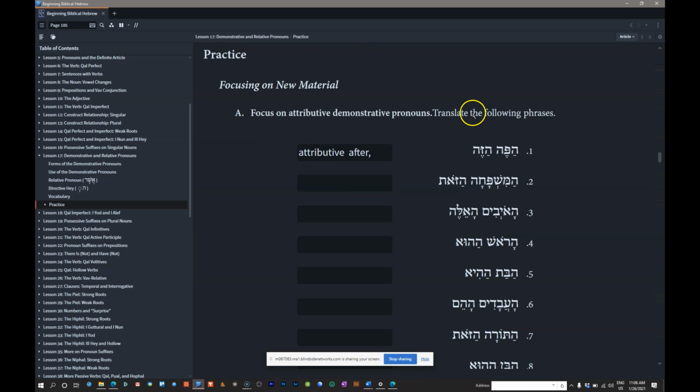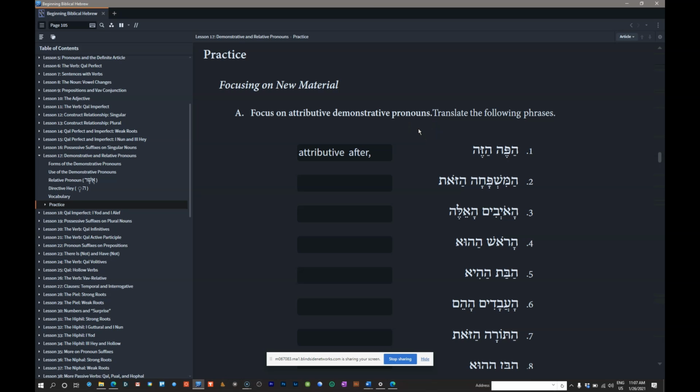So what we're looking at here is the connection between the form of the demonstrative pronoun and its function. Now, I'm sure we've covered, yes, the adjective. That's what I wanted to double check here. Now, we call this a demonstrative pronoun. Technically, it's a demonstrative adjective when it's functioning predicatively.